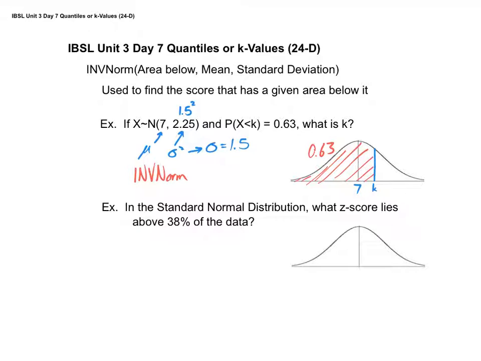Okay? So I'm going to use this inverse norm. If you have an n-spire, you could just type in INVNORM. Okay? But notice up above here it says the area below needs to come first. So I'd put the 0.63 in first. Then the mean, 7. And the standard deviation, 1.5.